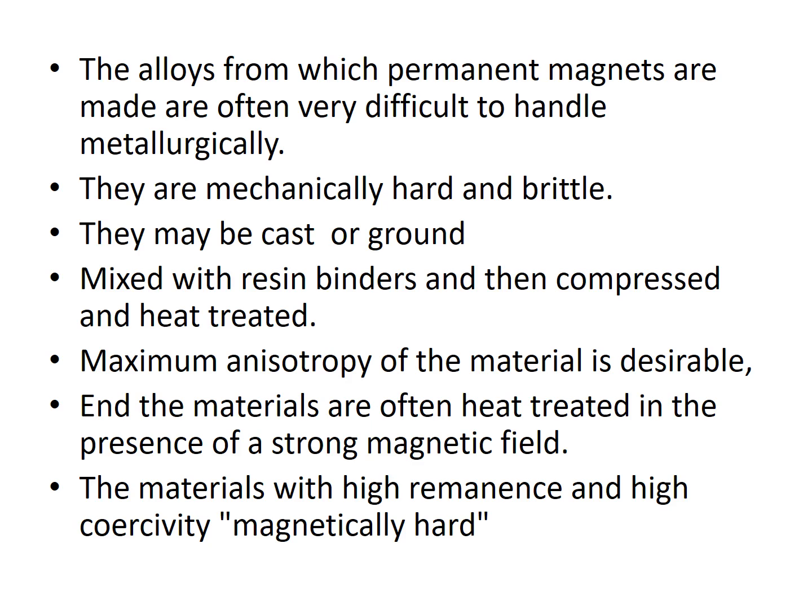Maximum anisotropy of the material is desirable, so the end materials are often heat treated in the presence of a strong magnetic field. The materials with high remanence and high coercivity from which permanent magnets are made are sometimes said to be magnetically hard, to contrast with the magnetically soft materials from which transformer cores and coils of electronics are made.